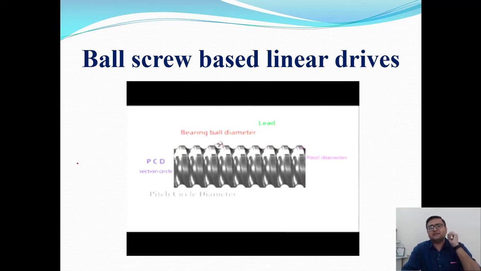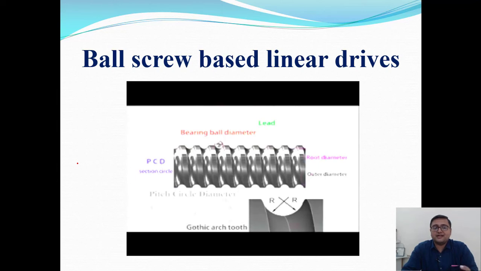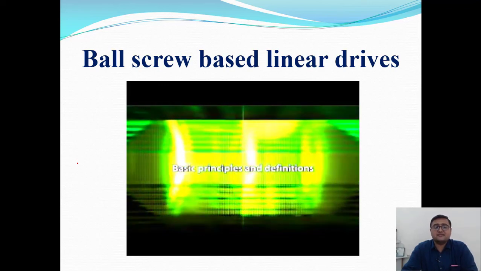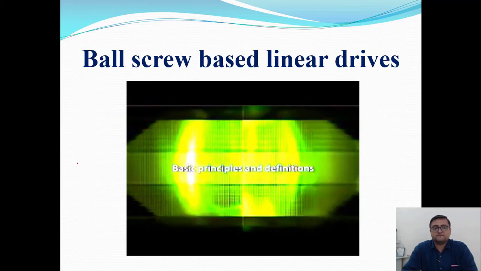So what happens if the ball diameter is much smaller or much larger than the thread thickness? Then what may be the problem, or what kind of backlash or preloading conditions are generated? Let's discuss it. Basic principles and definitions.